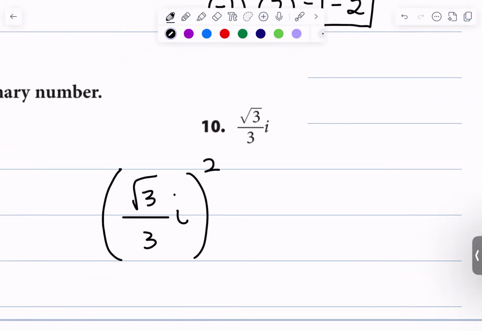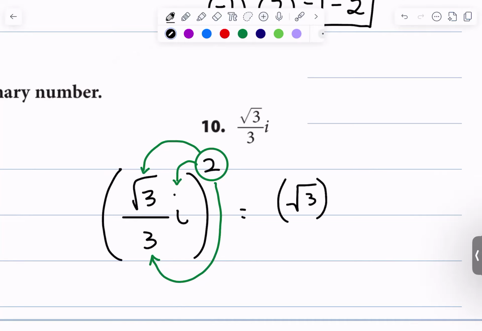Squared. This squared, class, goes to the square root of 3, goes to the 3 down here, and it goes to the i. So if I rewrite it with all those squares, it will be square root of 3 squared over 3 squared i squared, right?